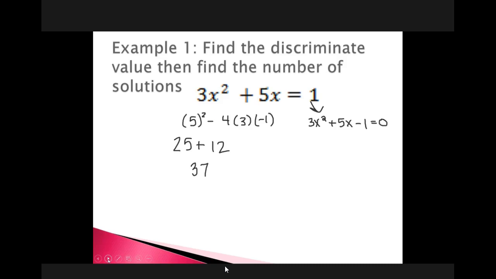Therefore, this graph will have 2 real roots. This graph, however, is not factorable, and I know that based on the sign of the discriminant, because if the discriminant is a perfect square, then my graph is factorable. If the discriminant is a non-perfect square, then our roots are going to be between, and it's not factorable.